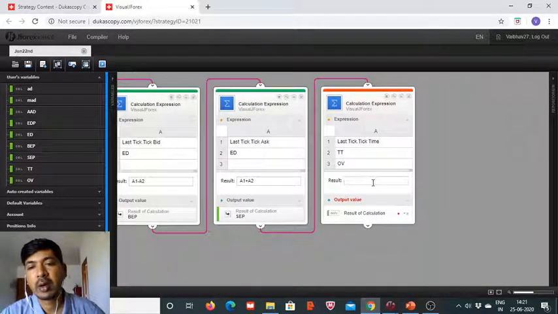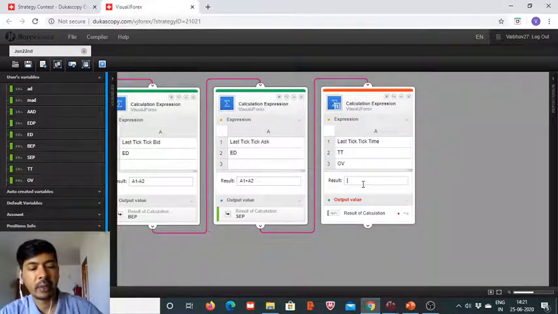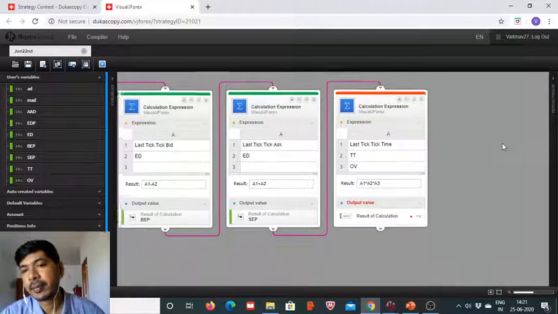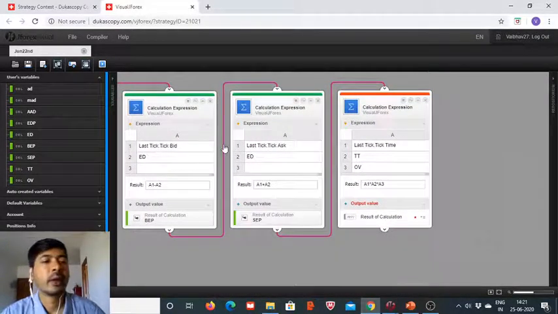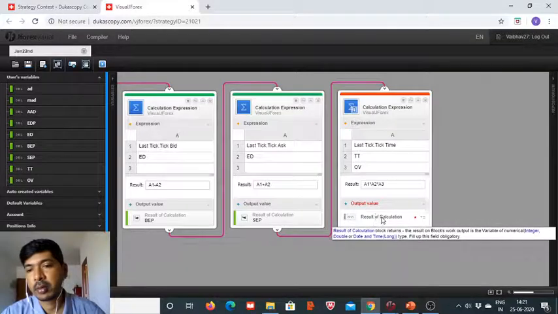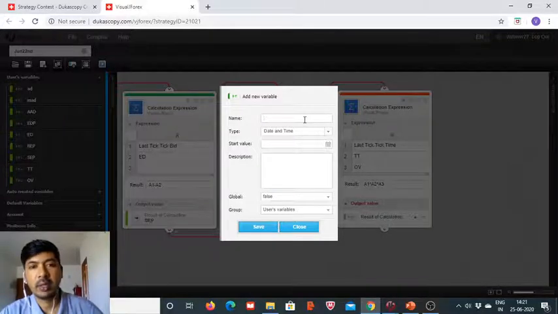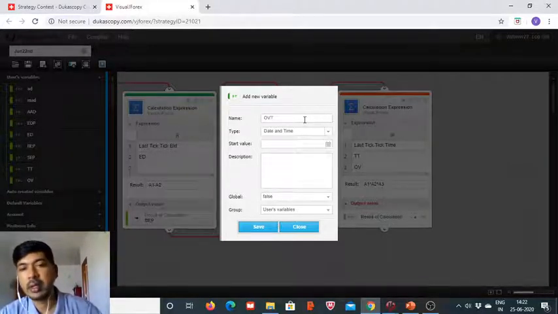and then now we have to do a1 into a2 into a3, and the result of the calculation needs to be in the date and time format, so we have to change this, and it will be order validity time.